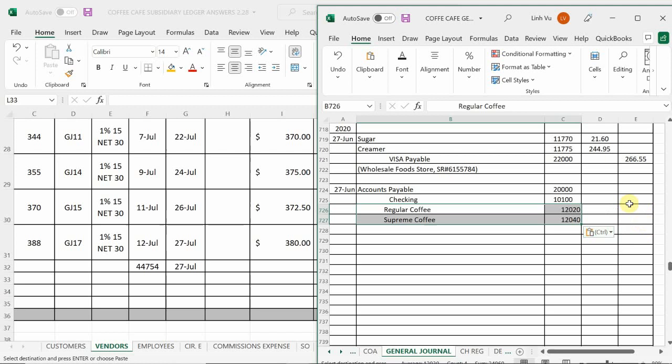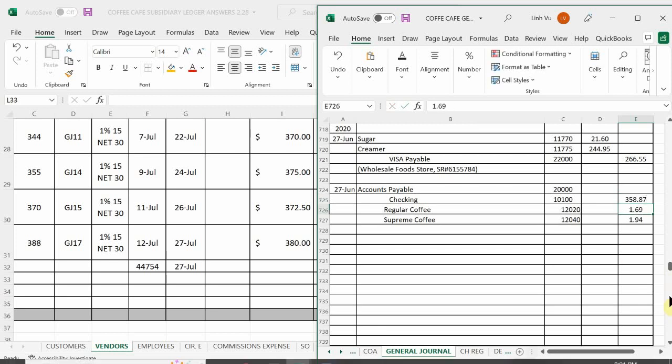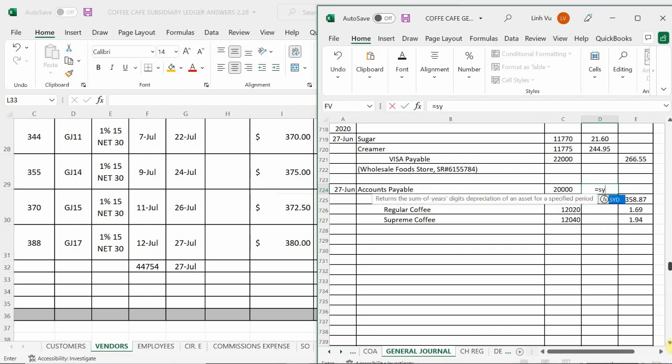All right, so my regular coffee was $1.69, while my Supreme coffee was $1.94. The grand total amount that I'm supposed to pay was $358.87. Does that equal my total amount that I'm supposed to have owed, which was $362.50? Awesome. So there it is.